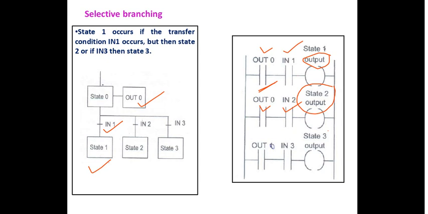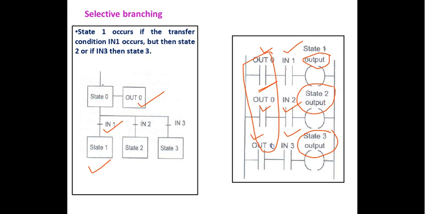See here, state 0, out 0, then after out 0 you have in 1, there is one more transition, and this in 1 results in simultaneous outputs of state 1, state 2, state 3 and their corresponding outputs.